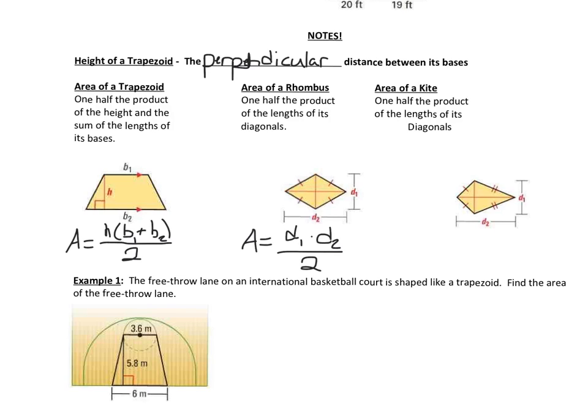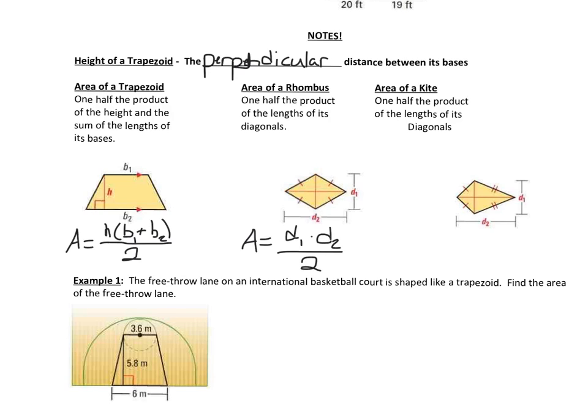Then we have the area of our kite, which is 1/2 the product of the lengths of its diagonals. So actually, it is the exact same as the area of our rhombus. Now again, how can I tell the difference between my rhombus and my kite? My kite has these 2 adjacent sides that are congruent and these 2 adjacent sides that are congruent, but these 2 here are not the same.